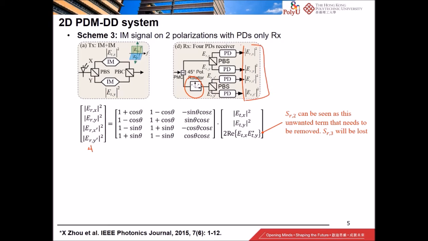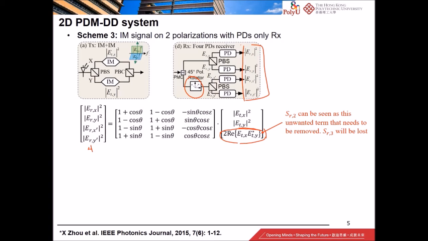Now in this case, the relative phase between the transmitted signals in both polarizations is not relevant to us, and we can remove it, because our information is encoded in the intensity of the transmitted signals in both polarizations.